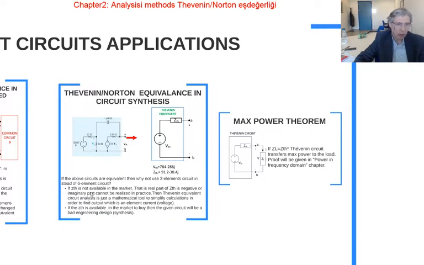So what happens when this ZTH is available in the market and not available in the market, it's just explained to you. Another area where this Thevenin equivalent circuit concept is used is the maximum power theorem. It says, and in a separate video I can show you, that if the Thevenin impedance's complex conjugate is the load, then the power transferred to the load becomes the maximum.